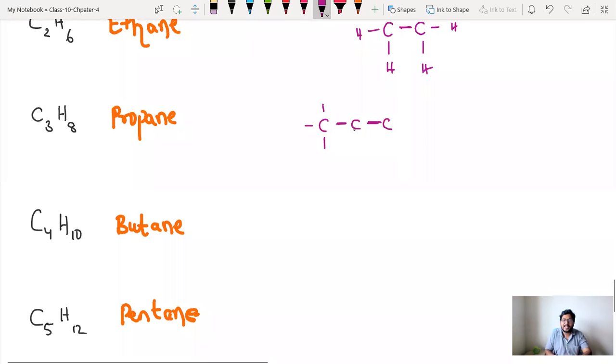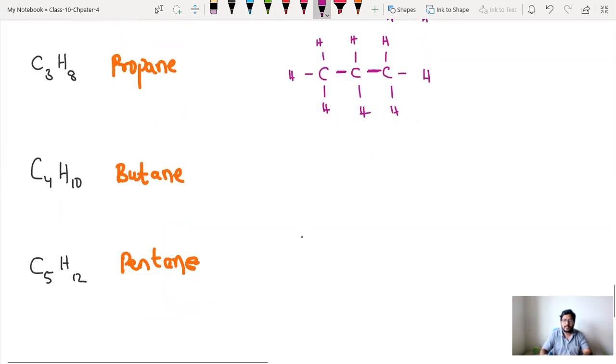So already 2 is represented. 3, 4. Now while coming to this carbon, 1 is already represented. 2, 3, 4. Now how many hydrogens? Count 8. 1, 2, 3, 4, 5, 6, 7, 8.